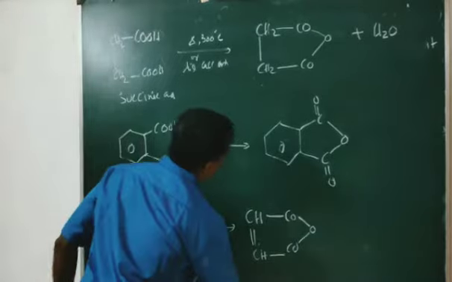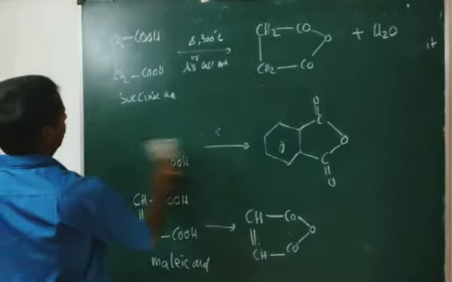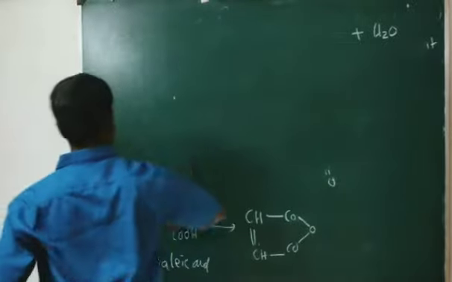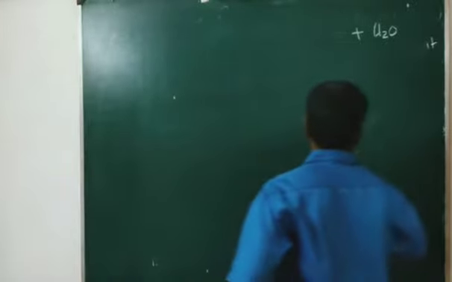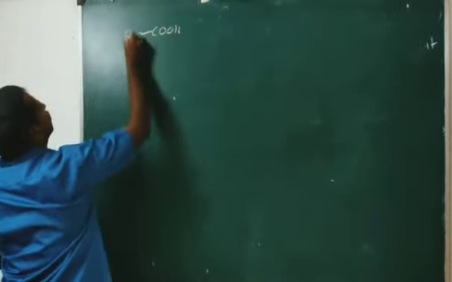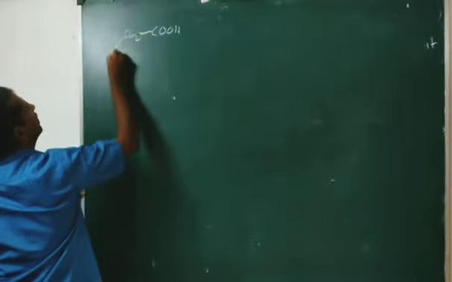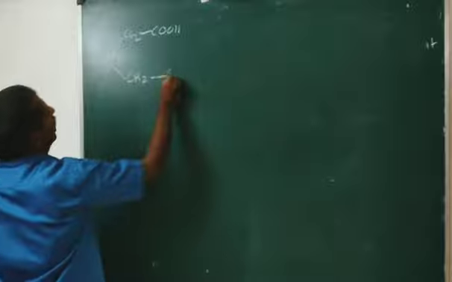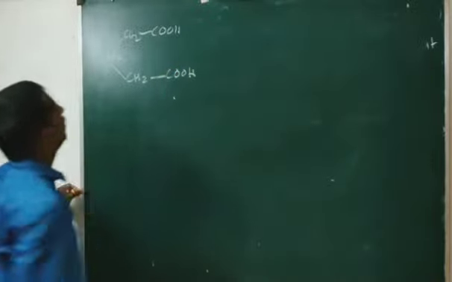One example with three intervening carbon atoms. That means COOH, CH2, CH2, CH2, COOH. There are three intervening carbon atoms.